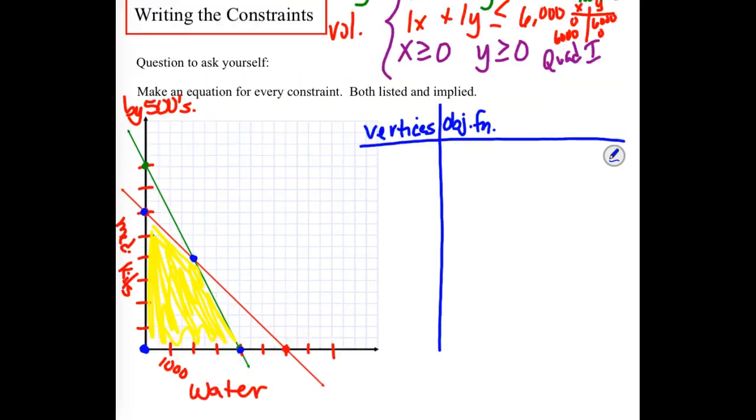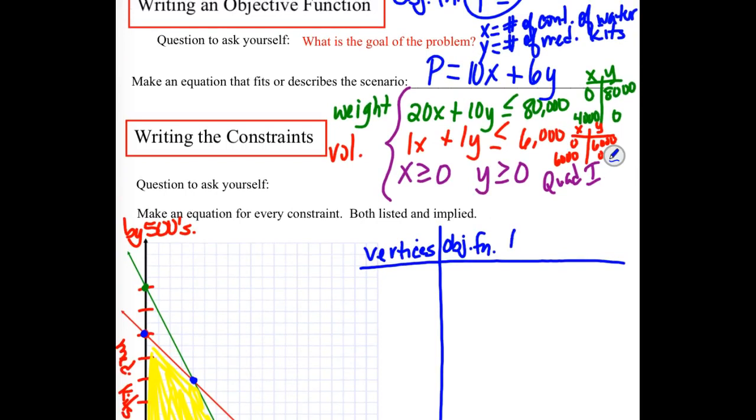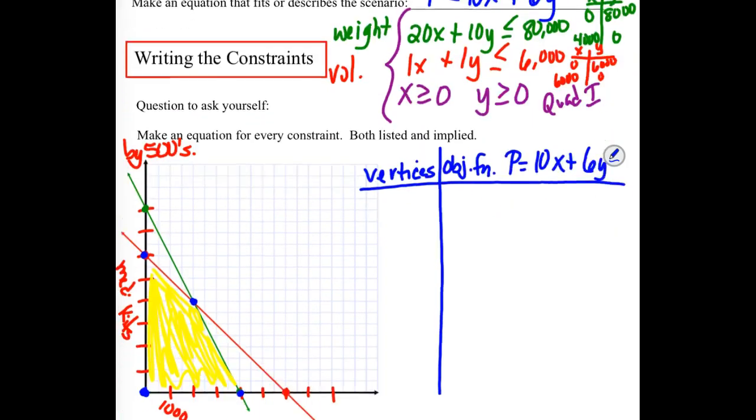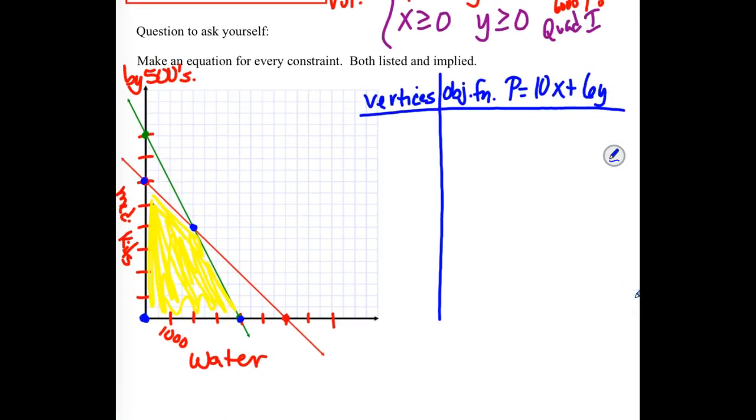All right. The objective function that we had was 10x plus 6y. All right, so vertices. Down here we've got the origin. Going upward, this one would be 0, 6,000. How about this one where they intersect?